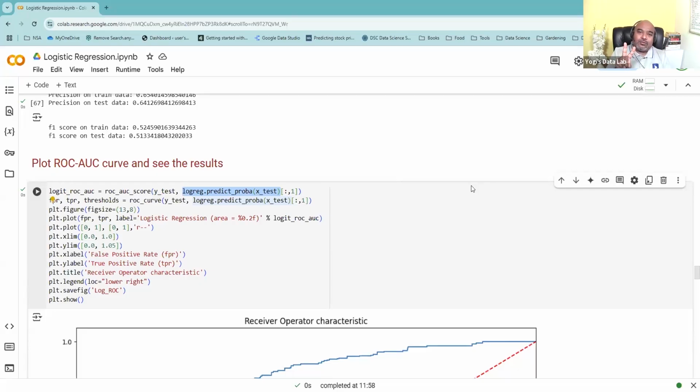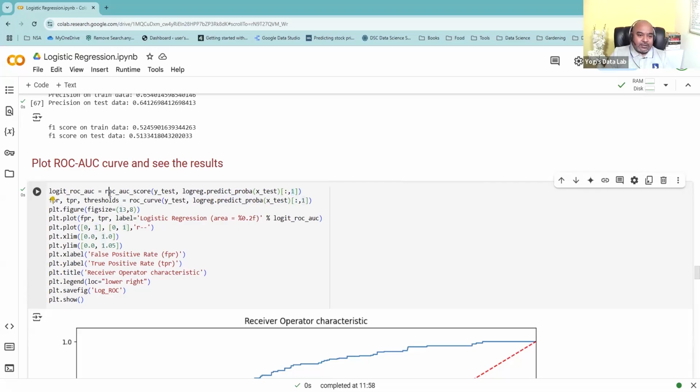There are only two things that can happen: a 0 can happen and a 1 can happen. So if the probability of the occurrence of 0 is 0.90, the probability of occurrence of 1 will become 0.10, meaning 1 minus 0.90 is 0.10. I want the probability of the occurrence of ones, and that is why you'll see I have taken 1 over here. This represents all the rows and this is the column 1.